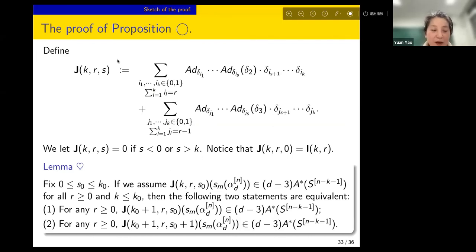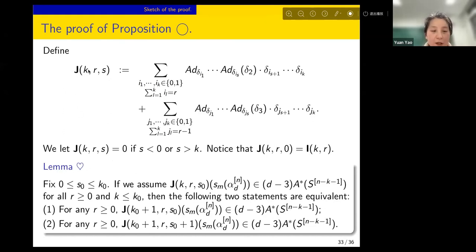Once you put this operator X on any integral class for this alpha d n, you get something in the Chow ring, so of the multiple d minus 3. The lemma just says some equivalent statements, but what we prove is this.